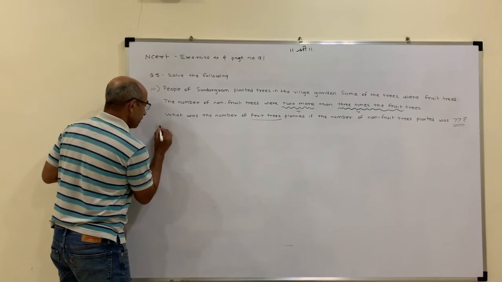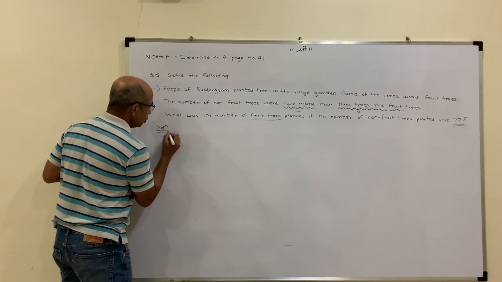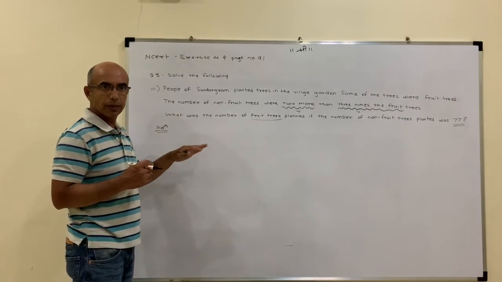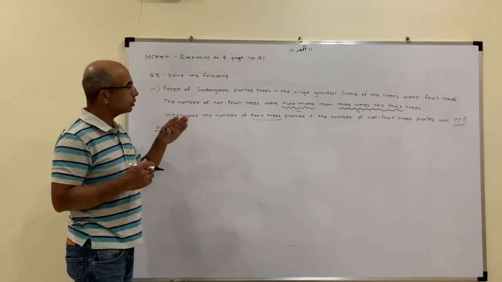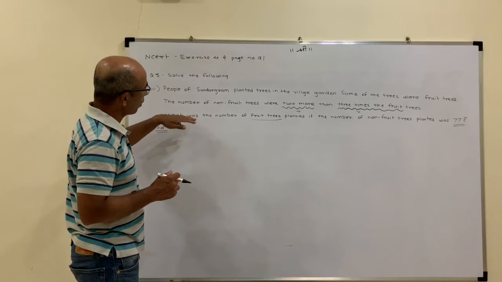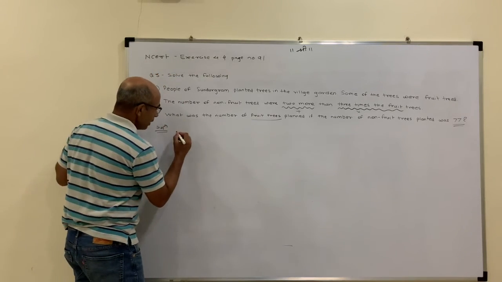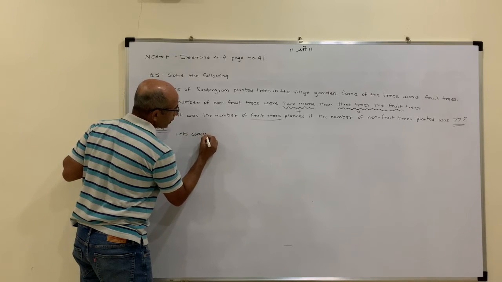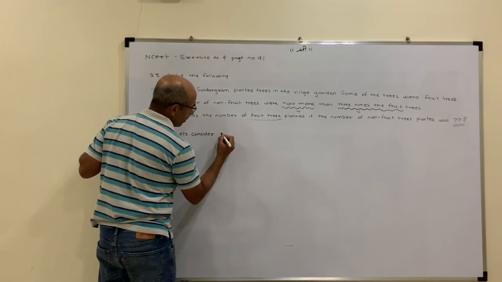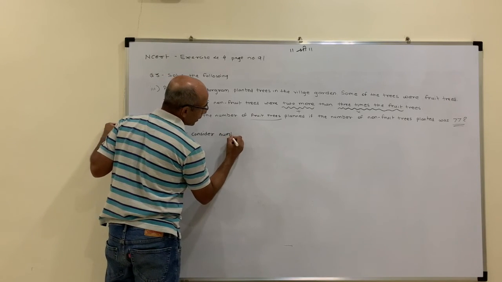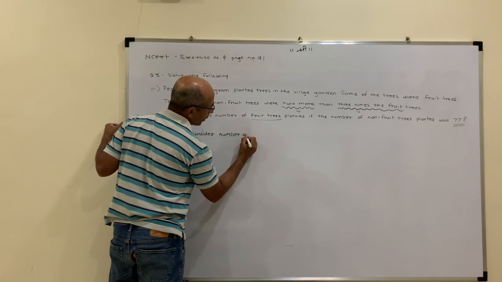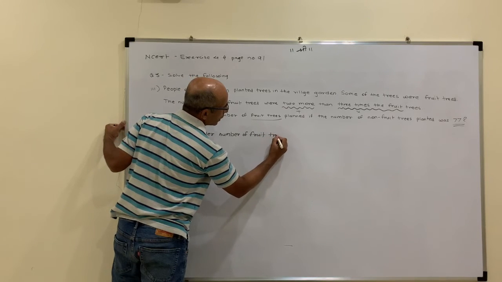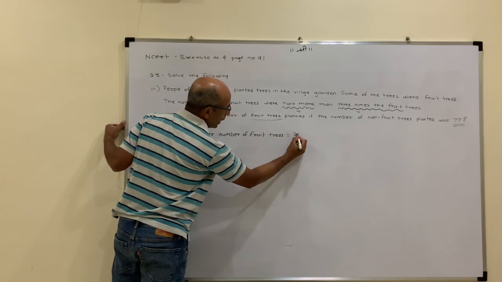Now we'll be solving this question in 2 steps. The first step will be to construct the equation, and the second step will be to solve the equation. Now what is asked? What was the number of fruit trees? So now let's consider number of fruit trees equals x.